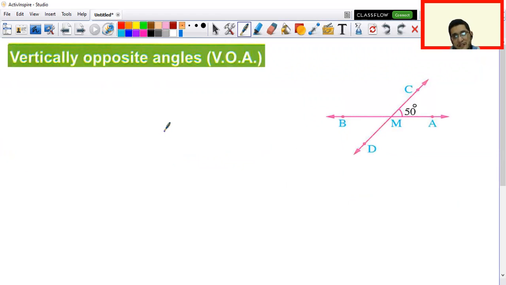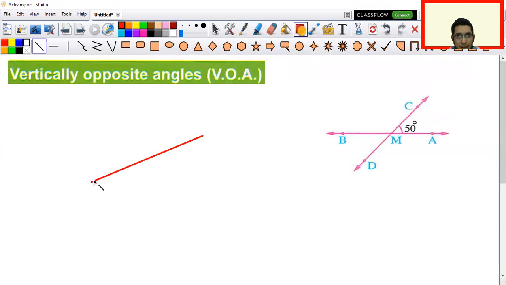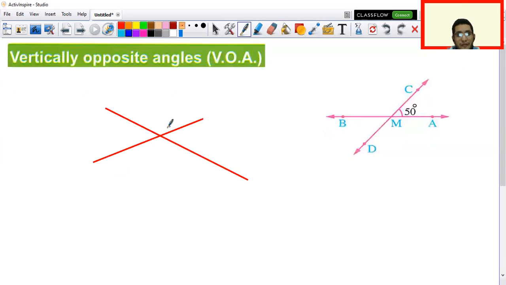Okay, the last concept is vertically opposite angles. If I have two straight lines that intersect at one point, like this, and this point is M, this is the first straight line L1, and the second straight line L2.